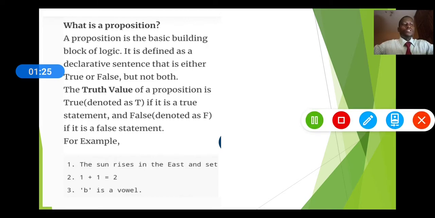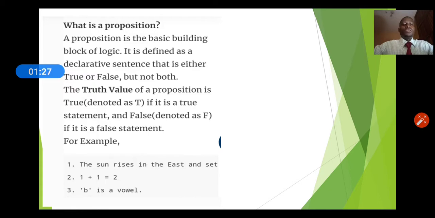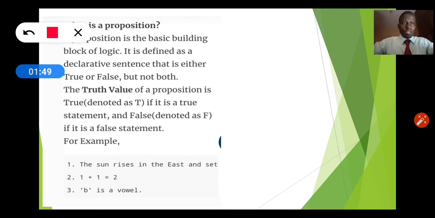If you can assign a true or false answer to a statement, then it is a proposition. If you cannot assign a true or false, then it is not a proposition. That's what a proposition is all about.